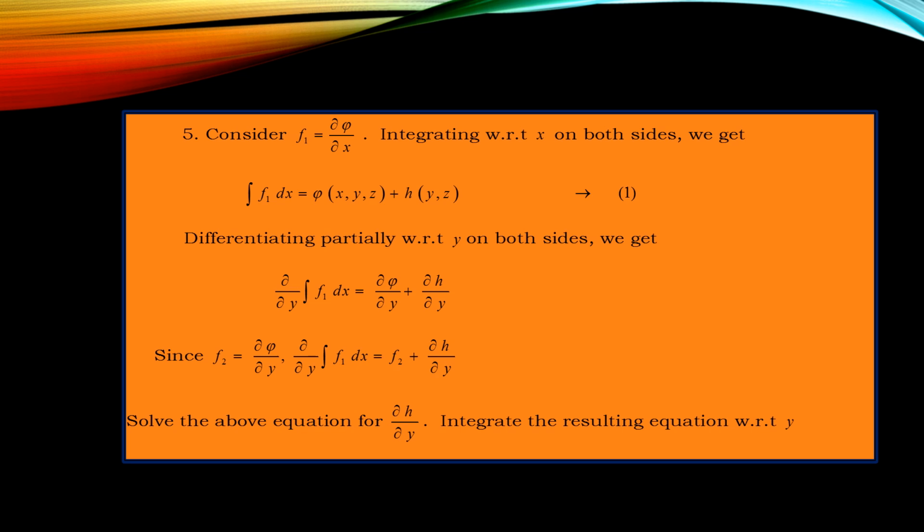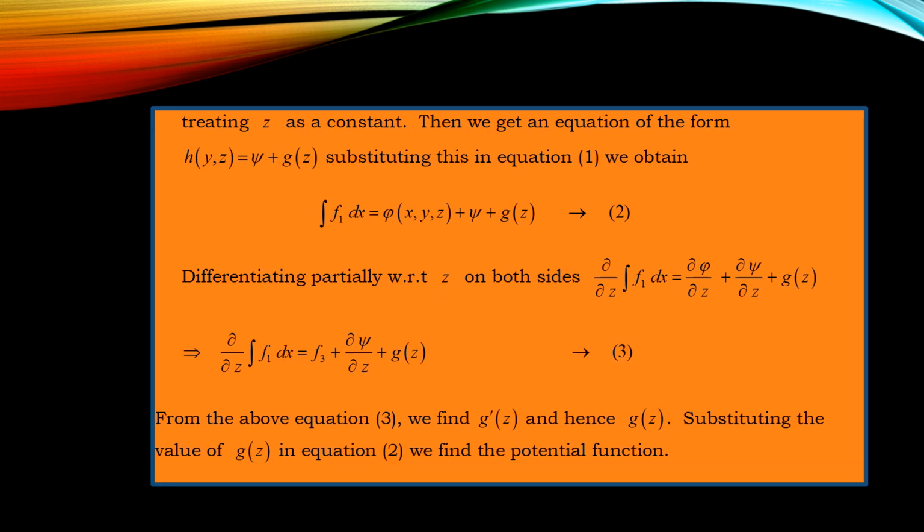Now we integrate this equation with respect to y by treating z as a constant. By integrating the equation with respect to y by treating z as a constant, we can find out the value of h(y, z). h(y, z) can be written in the form h(y, z) equals ψ plus g(z).